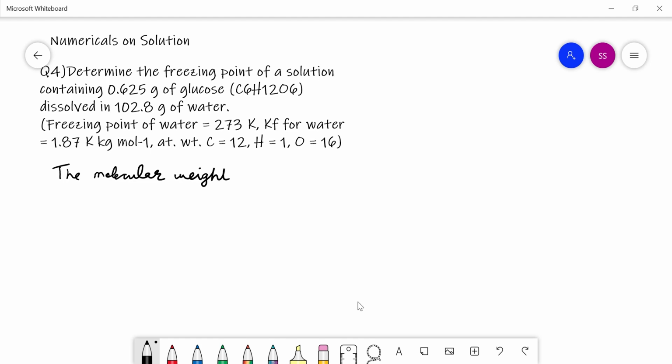Molecular weight of glucose C6H12O6 is equal to 6 into 12 plus 12 into 1 plus 6 into 16 जो होगा 180 grams per mole.